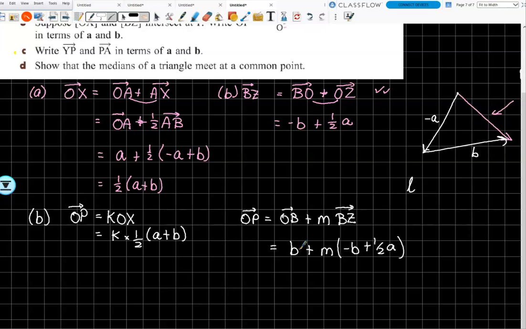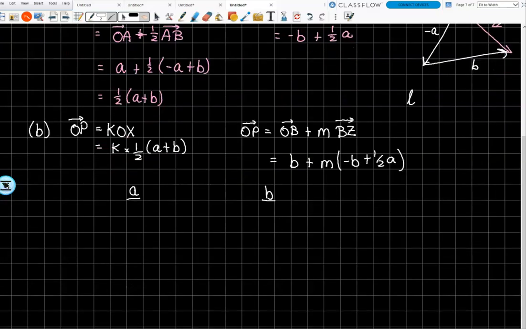What I would like you to do is look at the coefficients of A on this side, and look at the coefficients of B on both sides. As a tip, what would be the coefficient of A on the left-hand side?